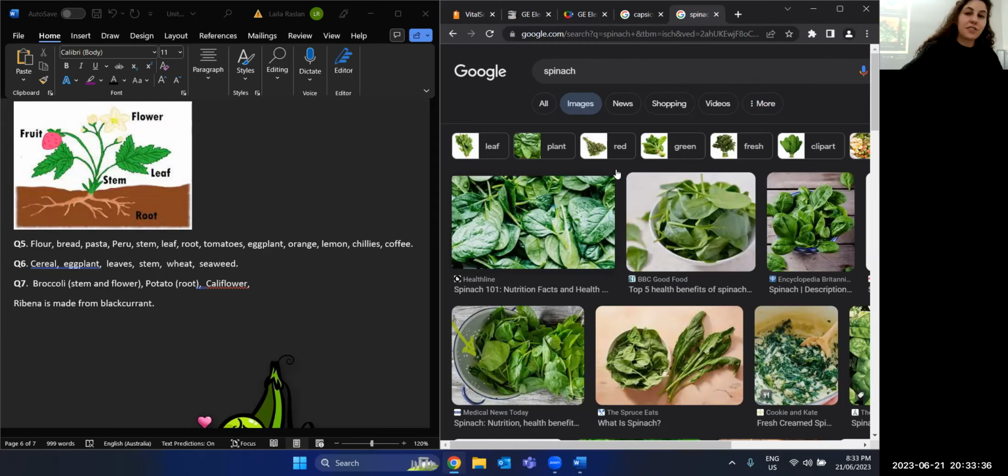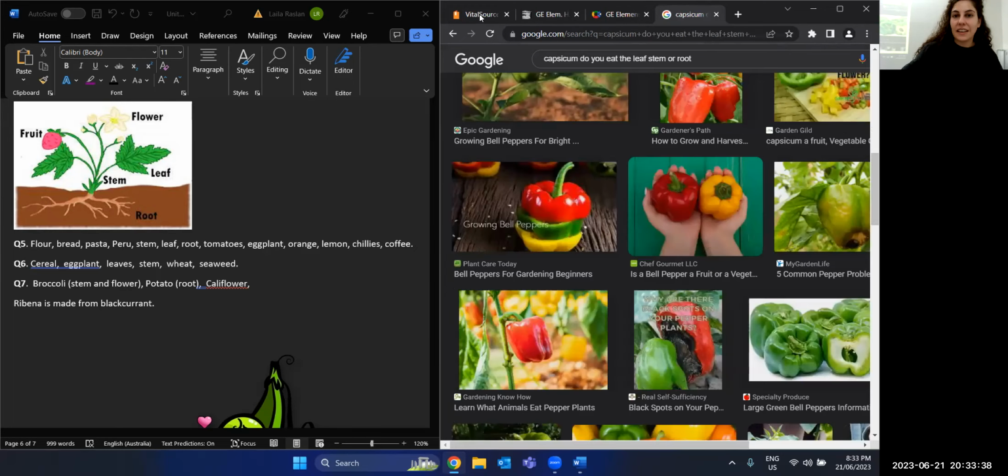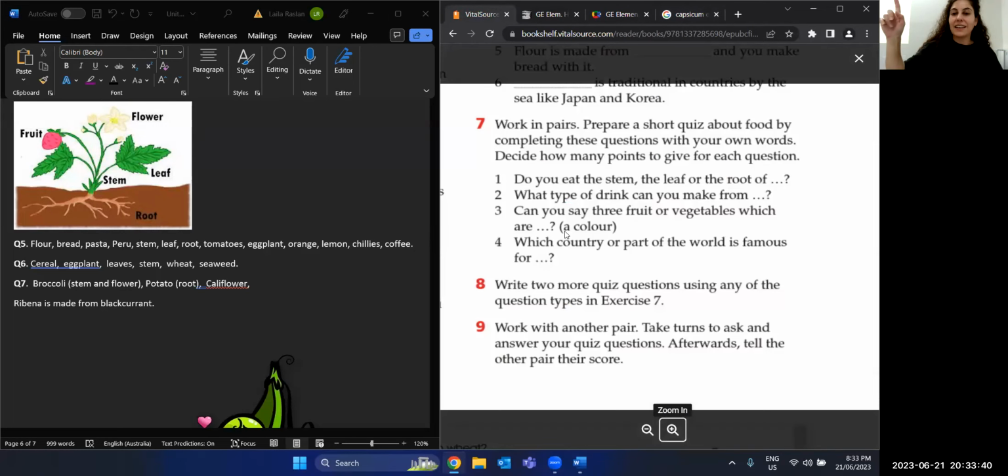Can you say 3 fruits of one color? So let's pick the color orange. Mandarin. What's another orange color? You have to pick one color and then say 3 different. Yeah. Or we can go green.